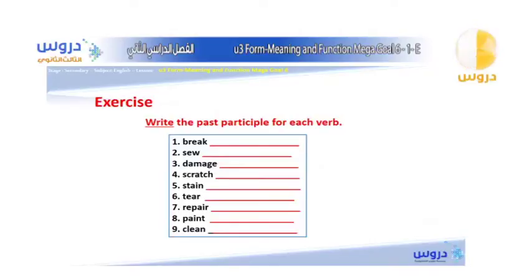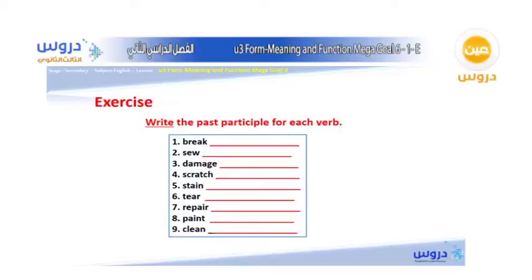Last semester, I showed you the table of the past participle. It is found in your book. The past and the past participle of the most famous words, or words which are used regularly.